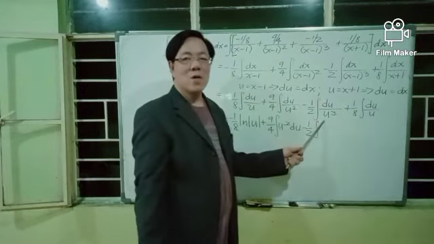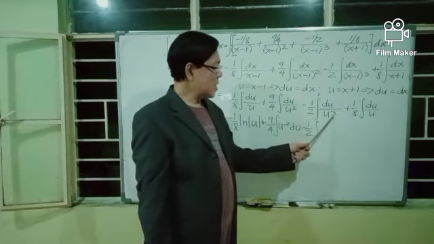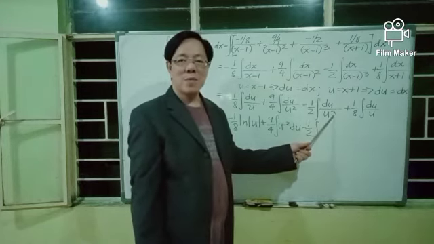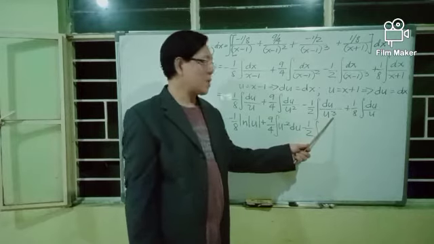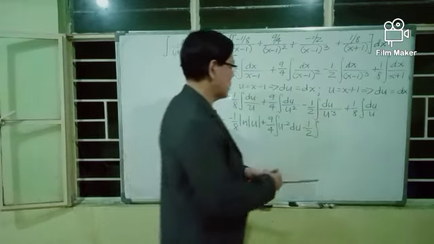For this term, we also bring u cubed to the numerator. So we take the opposite sign of positive 3, and we get u to the negative 3. And we integrate that with respect to u.